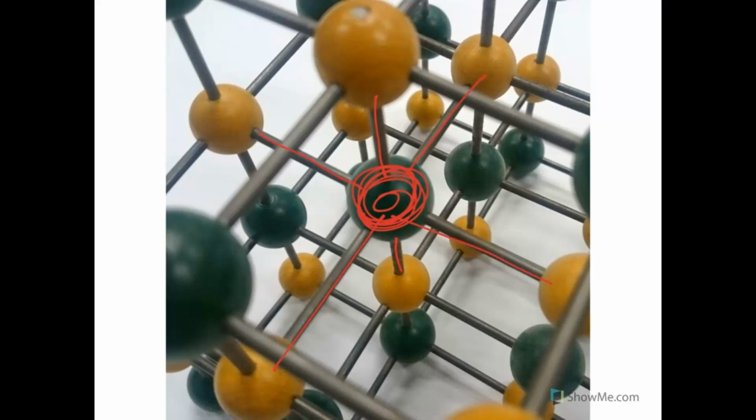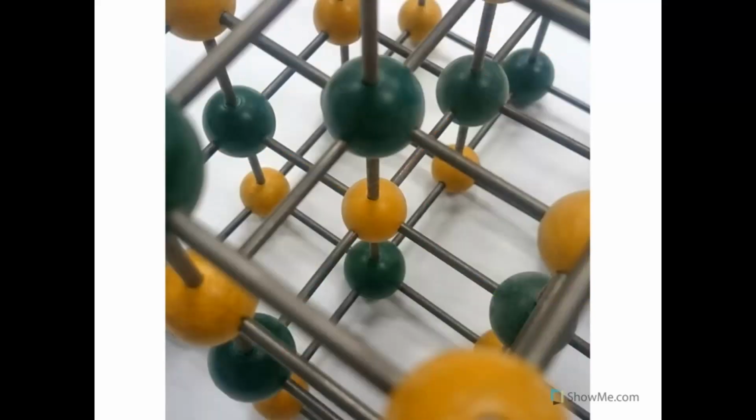So there's actually lots of electrostatic forces of attraction holding the lattice together. If you consider the negative ion, this negative ion is attracted to this positive and this one, the one below, the one above, and the one out to the left. Again, lots and lots of electrostatic force of attraction holding the lattice together.